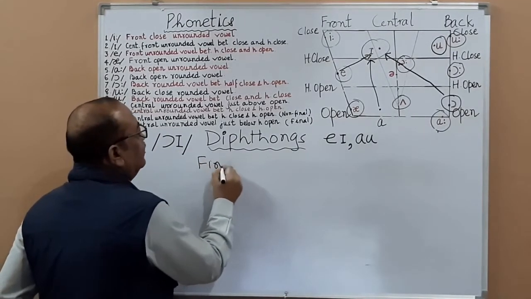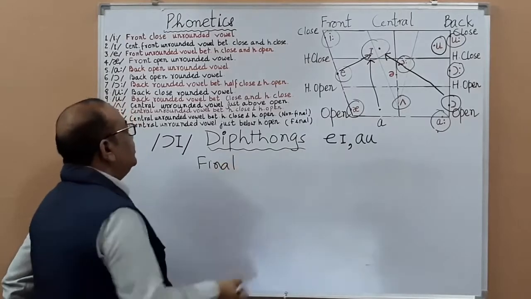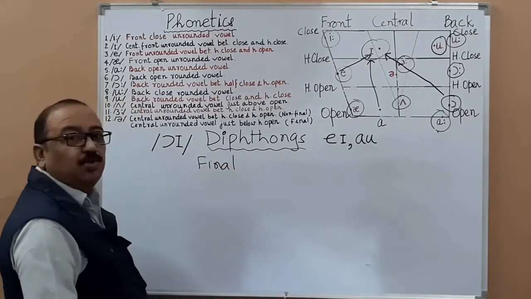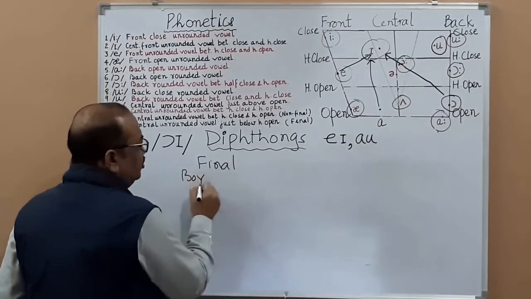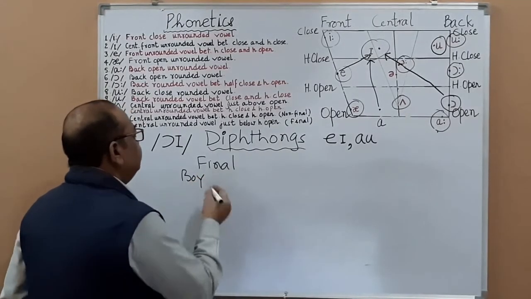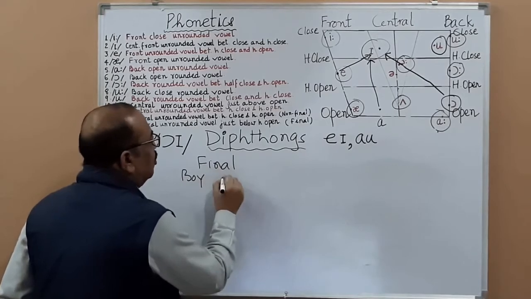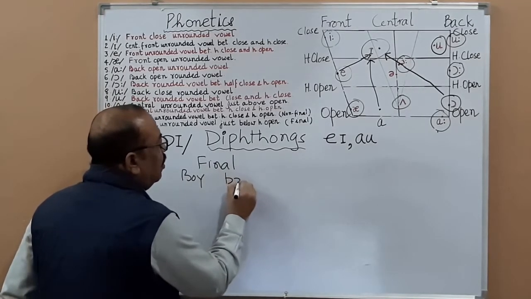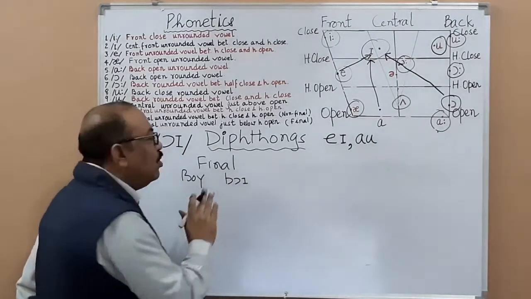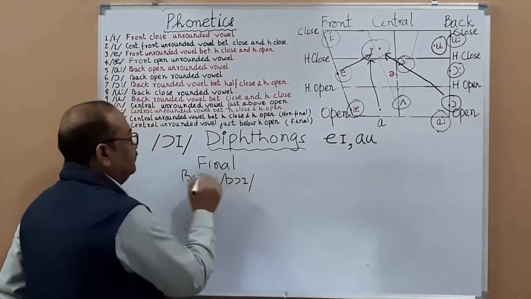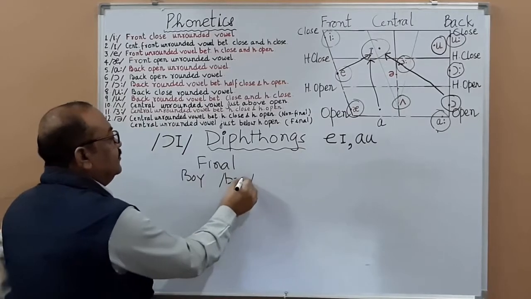Final. Okay, finally you have it in words like, so you see, boy, toy, koi, okay, boy. We don't say boy, we say boy, okay, boy. Yes, boy.